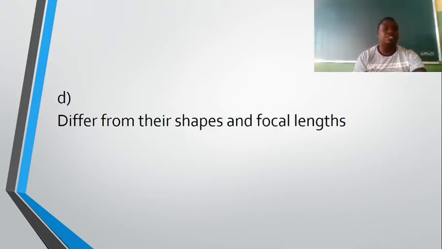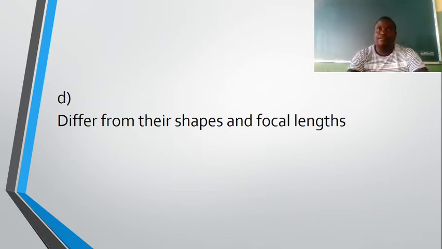On D, how do they differ? They differ in shape and also in focal length. You'll see focal length in depth with their properties. You have seen that their shapes are not the same, and this will affect their focal length. Their focal length is half of the center of curvature. I think you have seen it on mirrors in your Senior 3 lessons about optics.